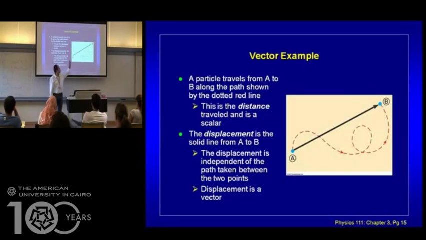So the displacement between any two points is just the straight line that connects between them. You start from point A, you end up at point B, then this is the vector quantity for the displacement between A and B, that black line in here. And it's independent of the way you choose to go through. It's independent of the path. You just connect a straight line between your starting point and your end point.